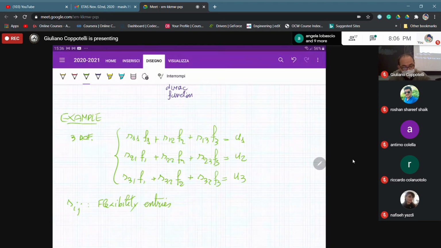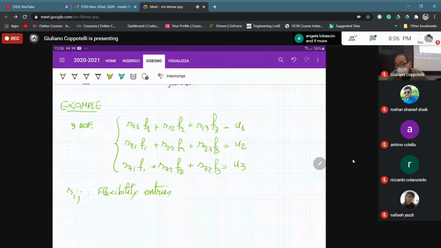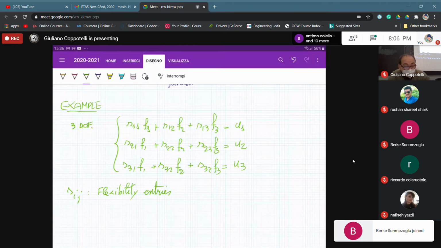And that is the main advantage of this approach from the experimental point of view.